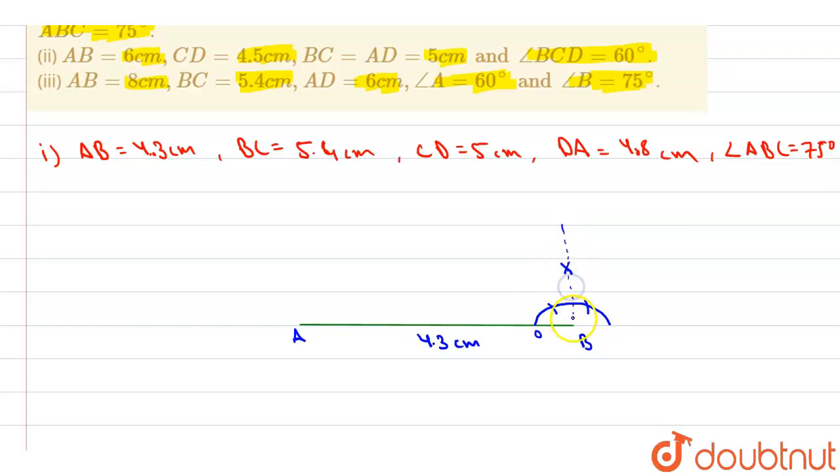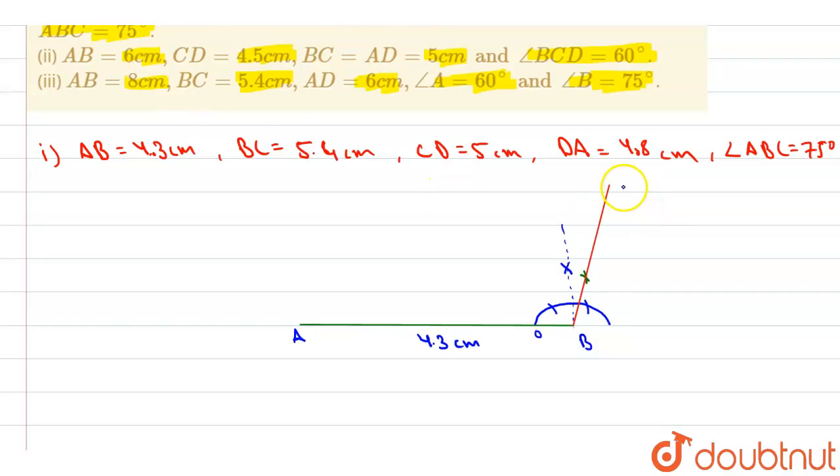This is the straight line. This will be the 90 degree. From this point, cut an arc, and from here the second arc, cut another arc on the same. So at the point of intersection, draw a line from the point B like this.